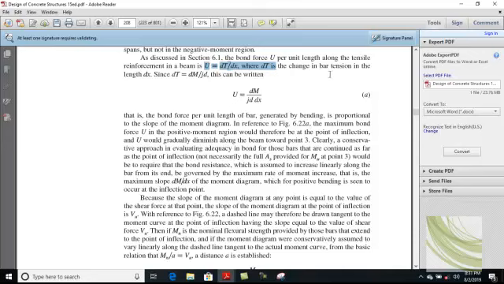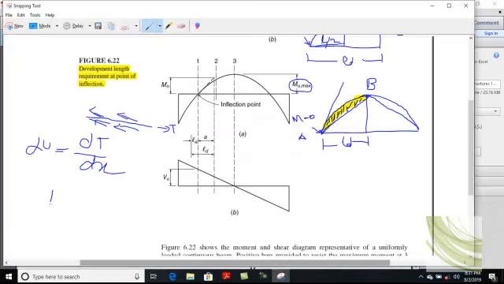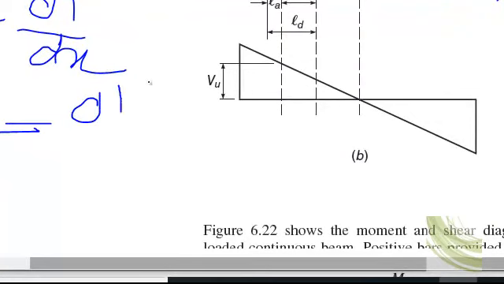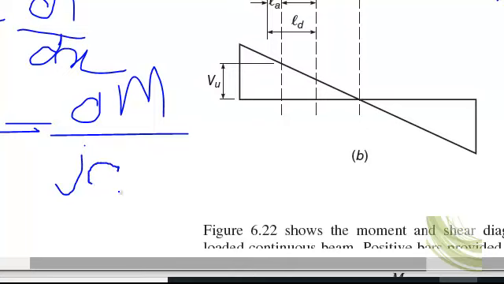Clear? The change in the bar tension in the length dx, since dT is dM by jd, I explained this in lectures 9 and 10, that tension is proportional to the change in moment divided by jd, that is the lever arm. Clear?